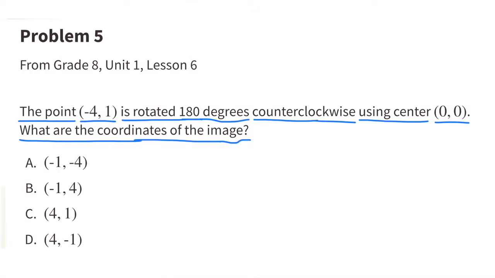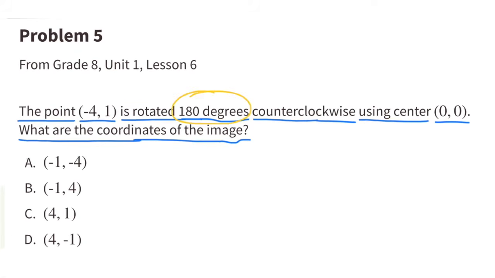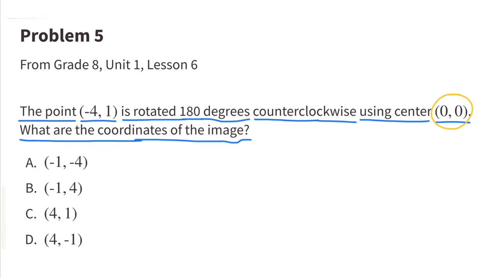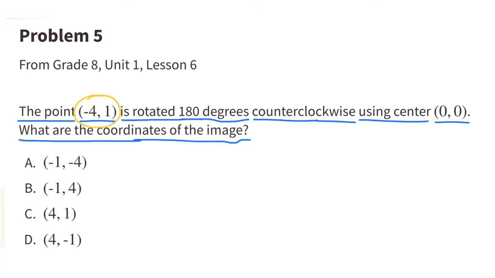Number 5. The point -4 and 1 is rotated 180 degrees counterclockwise using center 0, 0. What are the coordinates of the image? A key piece of information is the 180 degree counterclockwise rotation using center 0, 0 and the point -4, +1.